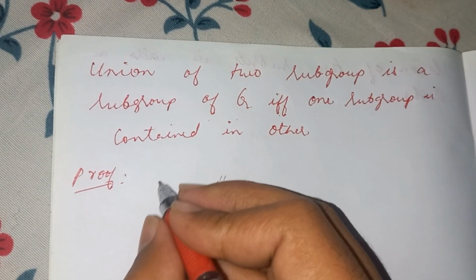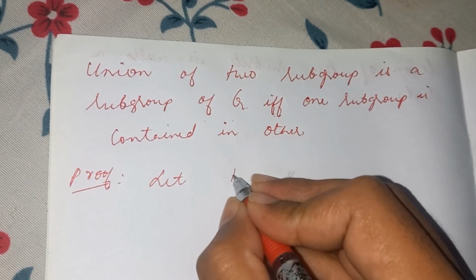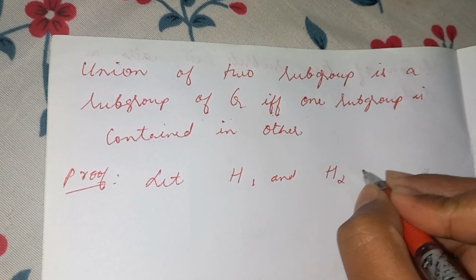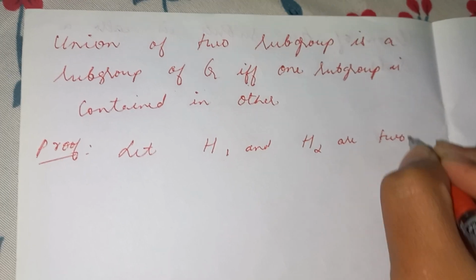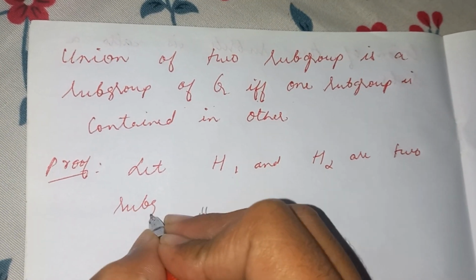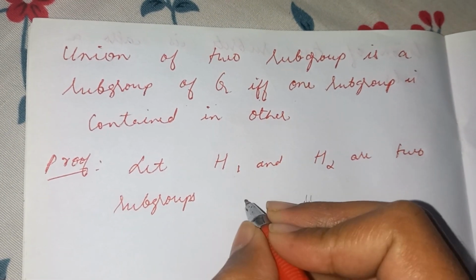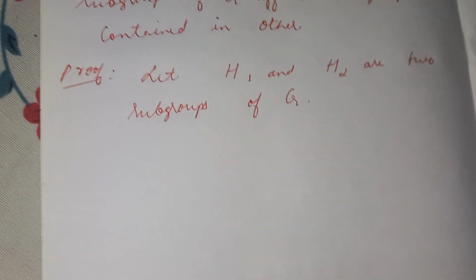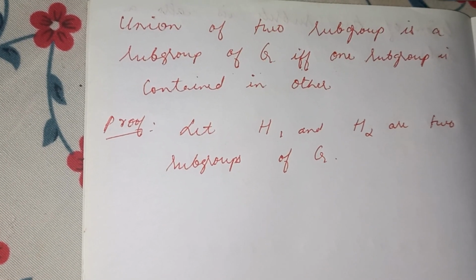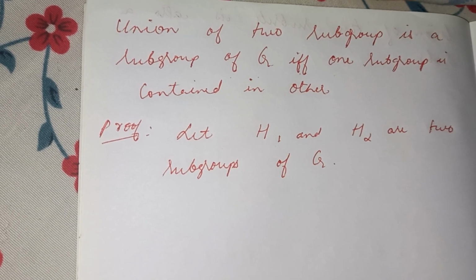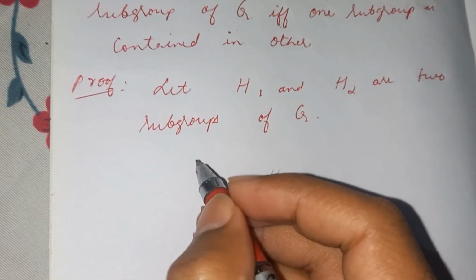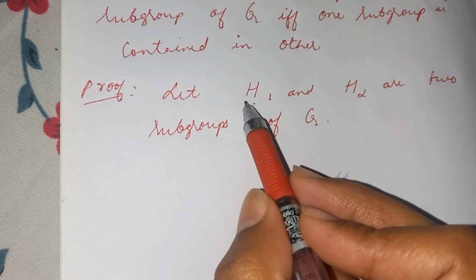First we'll consider two subgroups. Let H1 and H2 be two subgroups of the group G. Now let's consider that one subgroup is contained in the other.